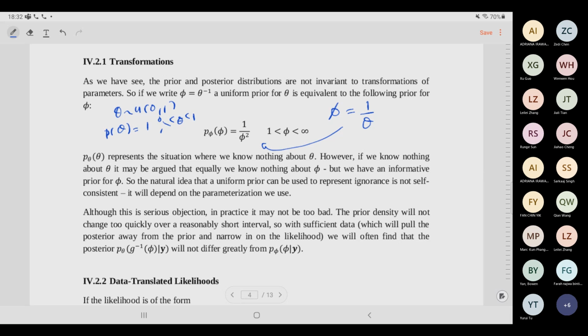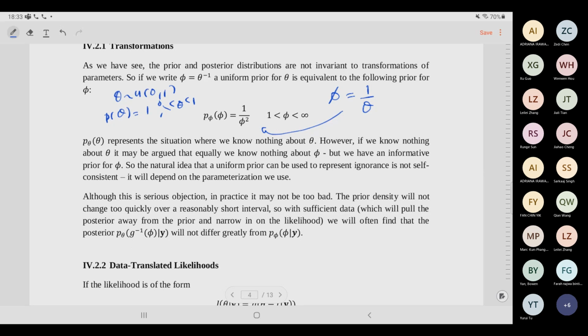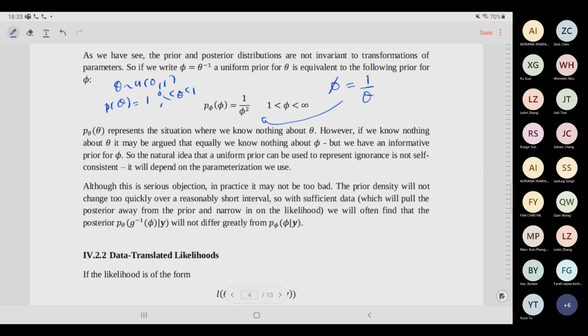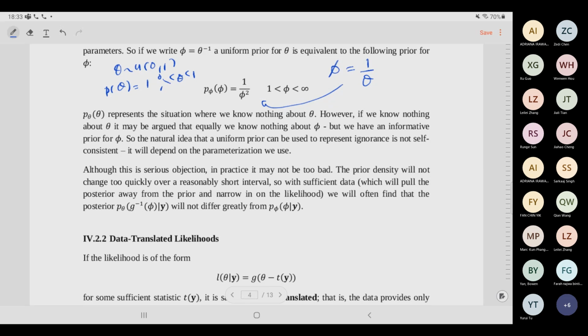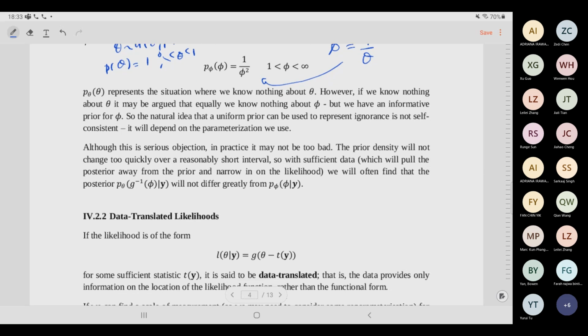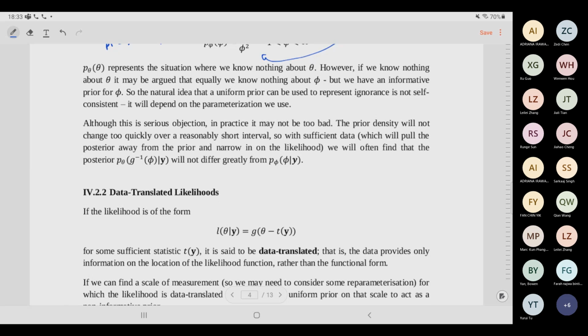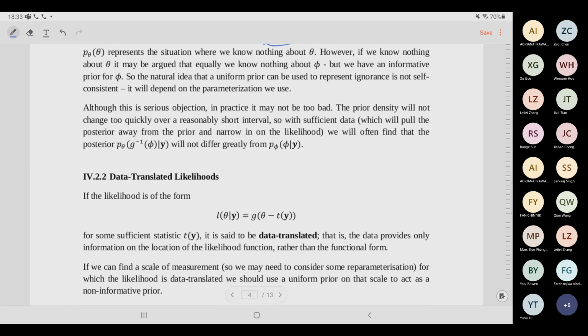That is our hope in practice, because we cannot really control our parameter. So that is the non-informative or reference prior.